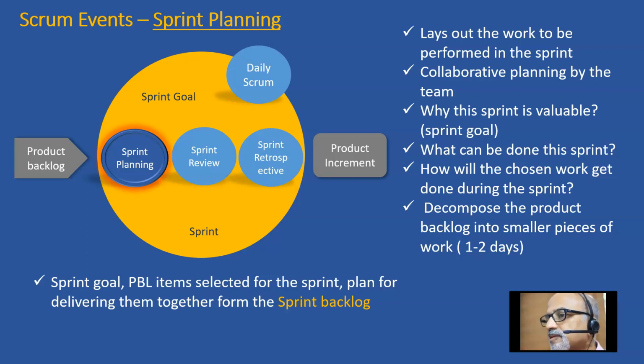So here we need smaller tasks to monitor and control it effectively. The output of the sprint planning meeting is the sprint goal, the product backlog items selected for the sprint, and the plan for delivering them. All these things together form the sprint backlog.